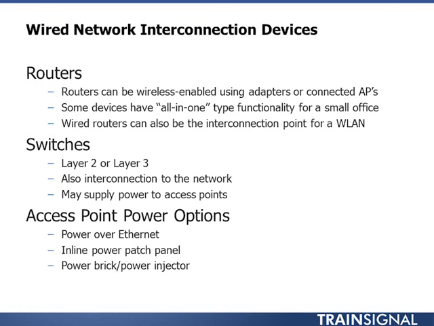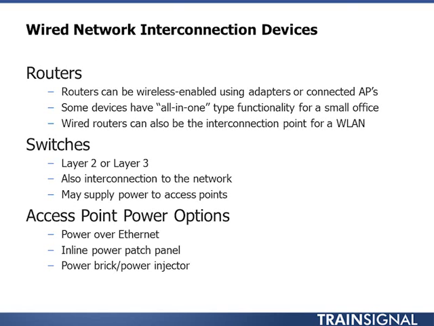I'm going to talk about the bottom of this slide first, the access point power options. So access points, when you deploy them, you can either power them where they're deployed, but what is more common is that you'll run power over Ethernet, which enables you to run one cable from your switch through to your access point.